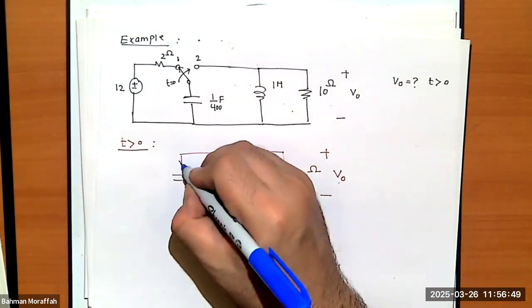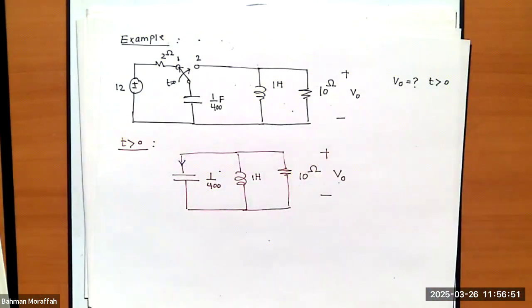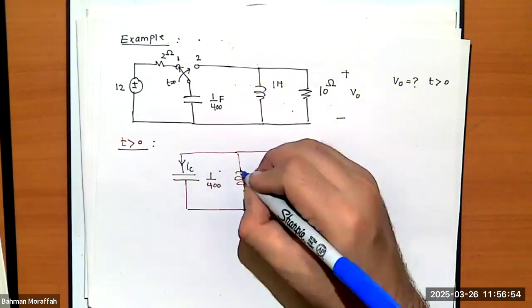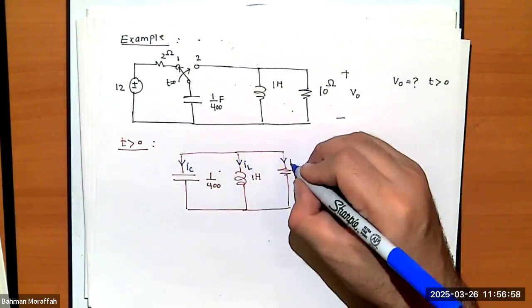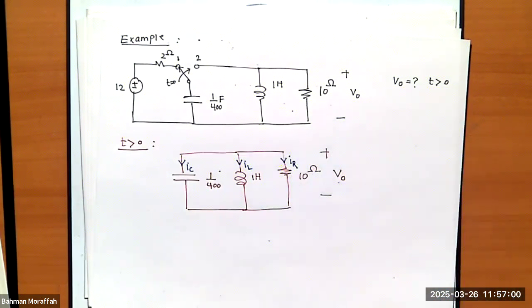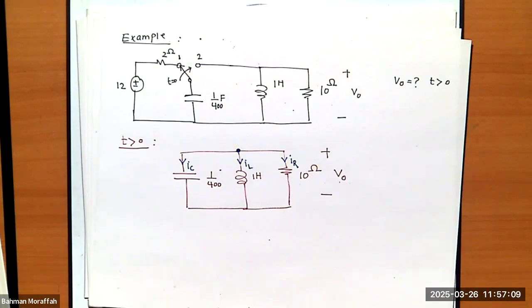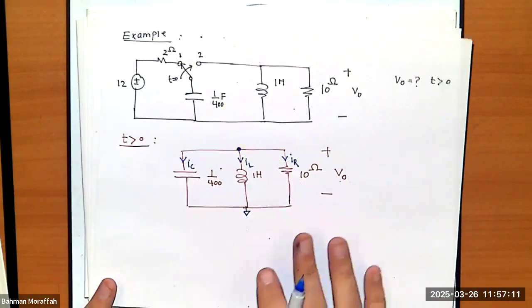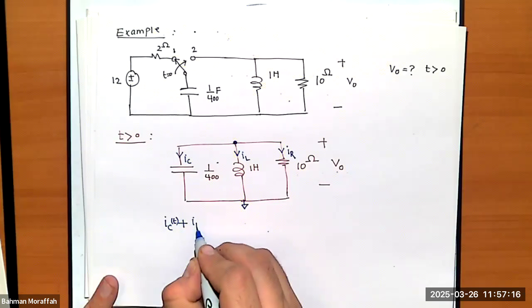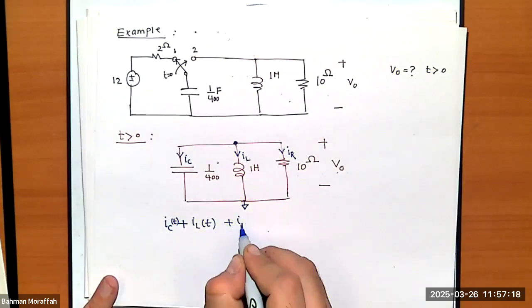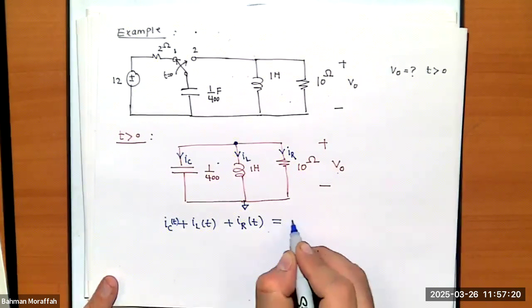Do you agree I can call current through this capacitor IC, current through this inductor IL, and current through this resistor IR? It's just a name, right? Do you agree I can write a KCL at this top node? If I do that, I have IC plus IL plus IR, and that must be 0.